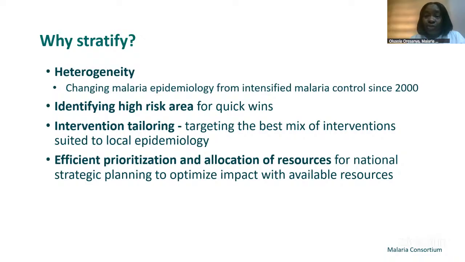And so countries must be able to not only identify the strategy they want to implement, but they also must be able to prioritize the important ones within the resource envelope that is available to them. So countries should be able to determine what is the best mix of interventions that will give me the highest impact and at the cheapest price. So this is what we call prioritization and efficient allocation of resources.